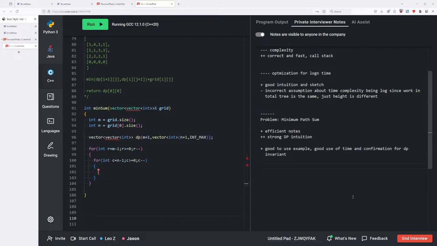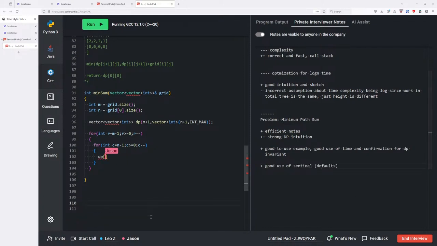Like that. Now let's see here. So dp at the row, the column, is going to be equal to the minimum between our dp array at the row below it and the column beside it, so to the right, and then plus our grid at RC, like that.